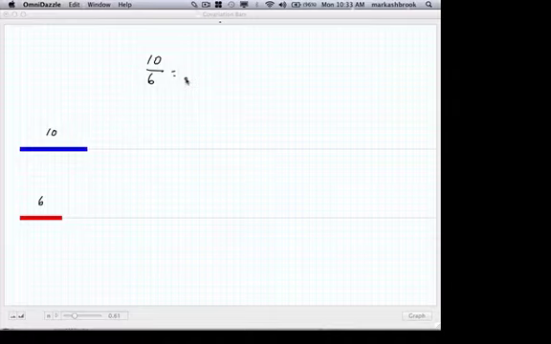So using the idea of relative size, if I extended this out to 50, what would the red bar be? Now, if I extended the red bar out to 60, using relative size, how would you compute the quantity of the blue bar?